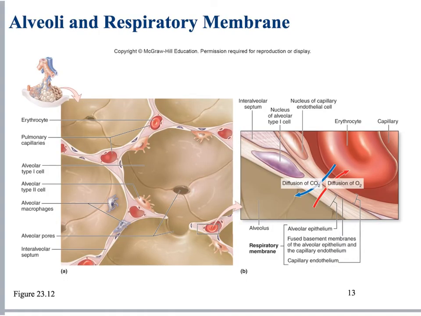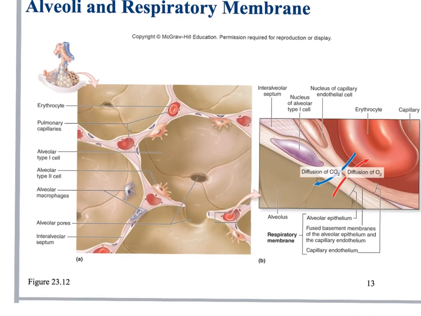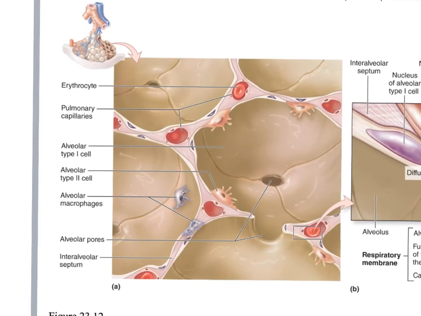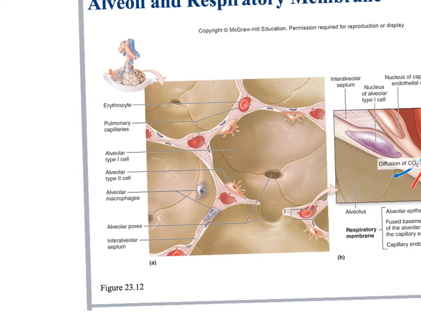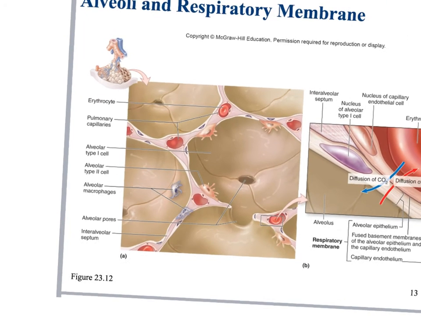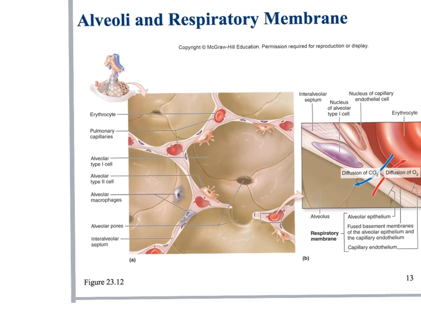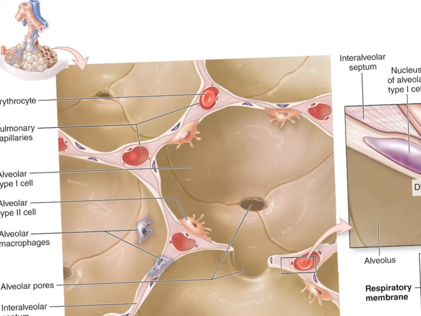Here's the alveolar sac, a picture from your book. You see here on this side, there are erythrocytes, which are found within the capillaries, so blood cells. What do you notice about the structure of this red blood cell within this capillary?